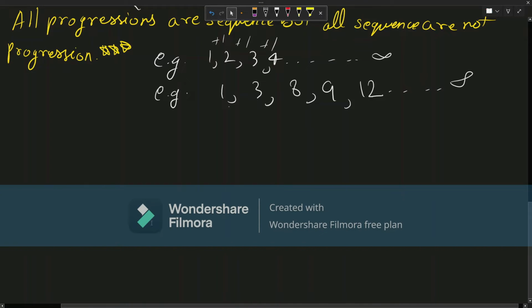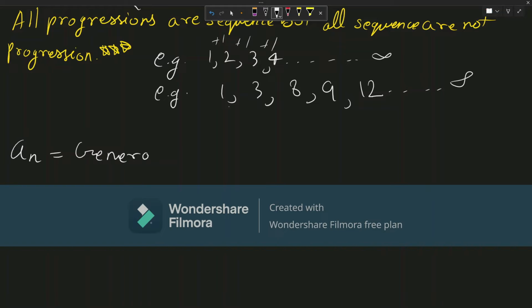Now let's talk about some general terms that you guys need to know. What is an? It is the general term, last term. So suppose they have given you some kind of AP, 1, 2, 3, 4, and so on till 150, and that's it.